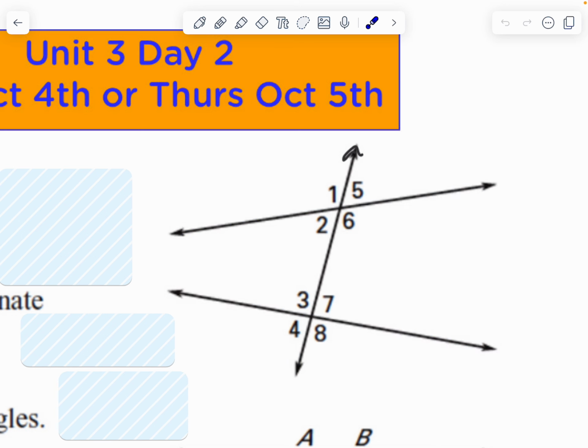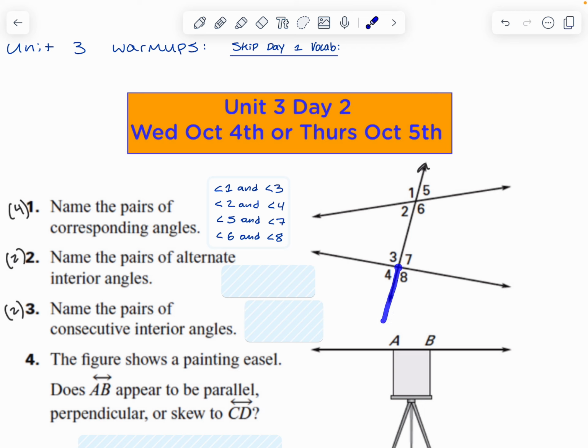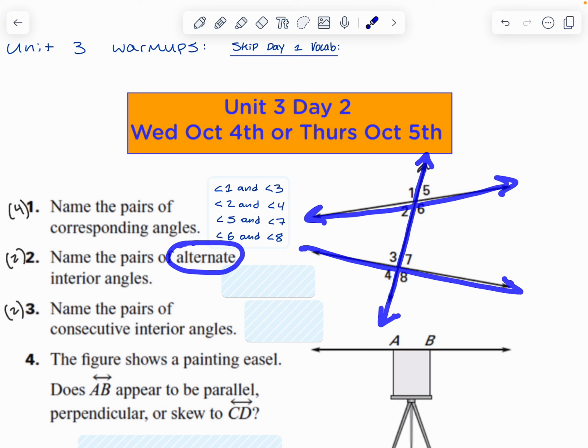The next type of pairs that we're going to look at are our alternate interior angles. Alternate refers to them being on opposite sides of the transversal line. We already identified the transversal line. We want angles that are on opposite sides of that line. That's what alternate means. Interior refers to these 2 parallel lines. So not only do we want angles that are opposite of this transversal, alternate, we want them to be interior to these 2 parallel lines.